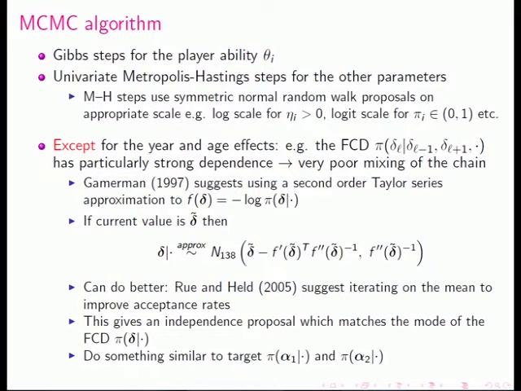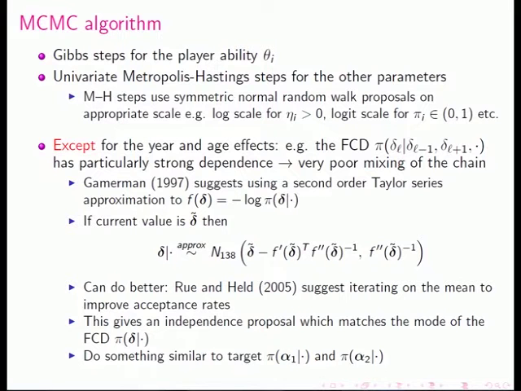And in fact, Rue and Held suggested that instead of just using delta tilde as your current value in your MCMC, you iterate on this, and then you get an independent proposal which matches the mode. So the mean of your normal distribution matches the mode of the thing that you're trying to aim for. And that's when we have a first order smoother.